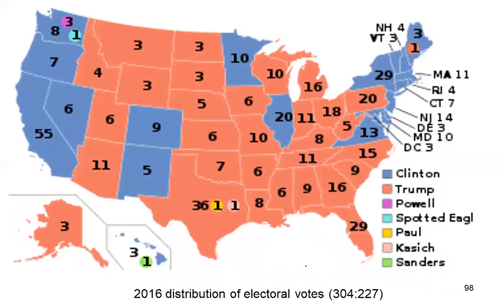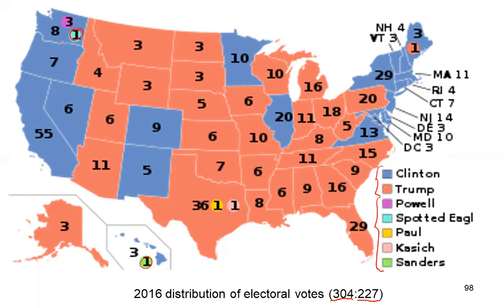Now, if you take a look at the distribution of electoral votes in 2016 elections, Mr. Trump won 304 electoral votes against 227 electoral votes of Mrs. Clinton. So they won those votes, but there were many unfaithful votes, as they are called. So the electors deviated from what they should be doing, and they voted for other candidates, for Mr. Sanders here, for the spotted eagle here.